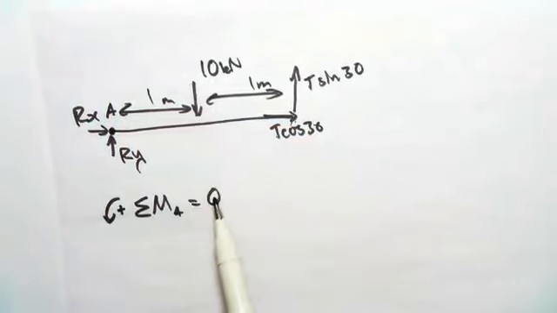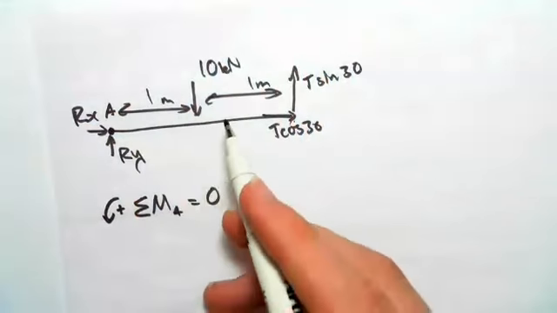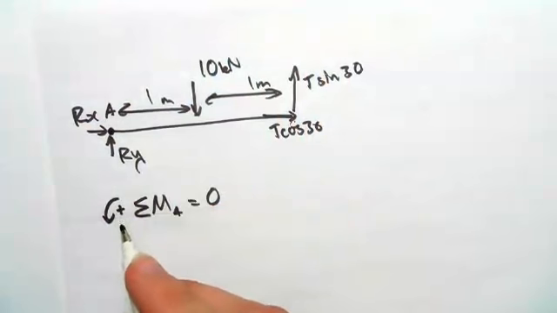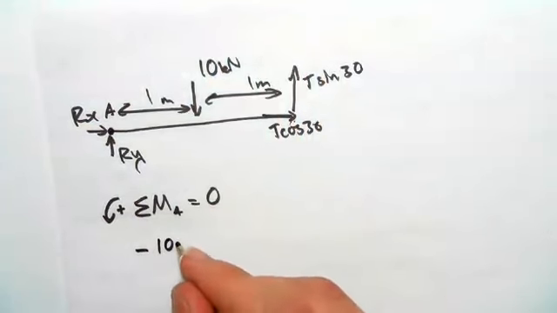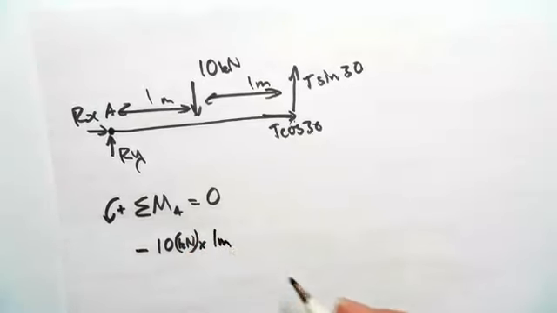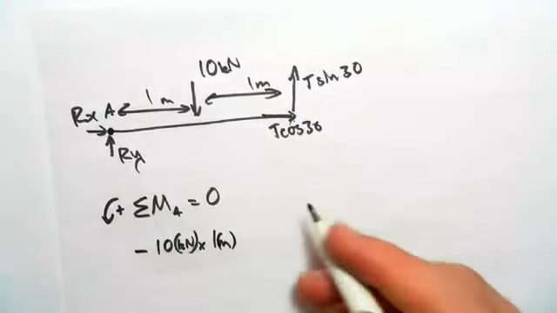This force is going down, so it's a clockwise motion. So this is negative, since we've said anti-clockwise is positive. So it's negative 10 kilonewtons times 1 meter, since it's 1 meter away from point A.